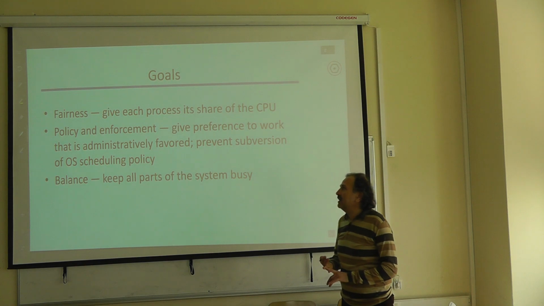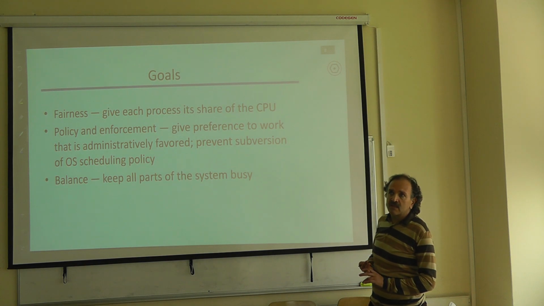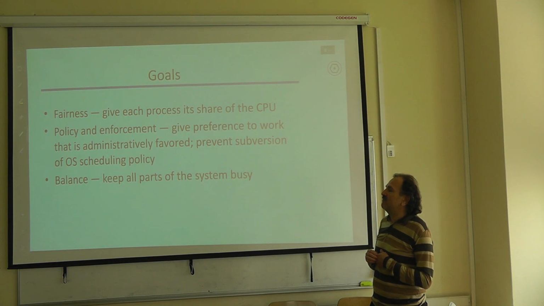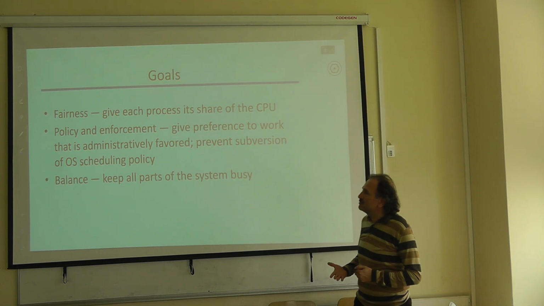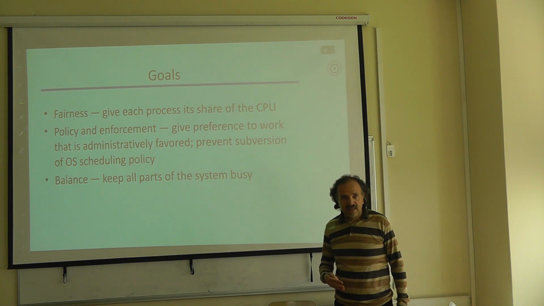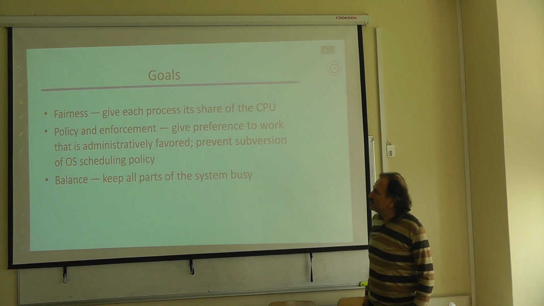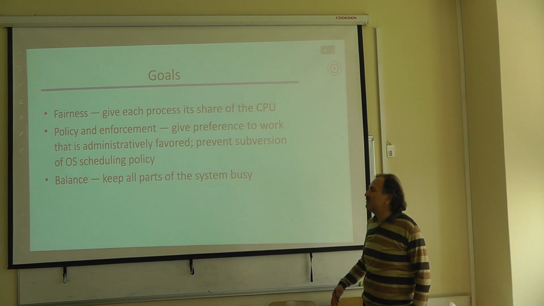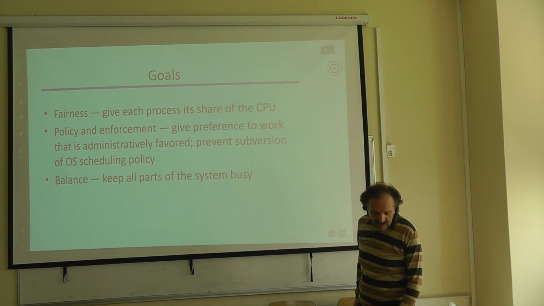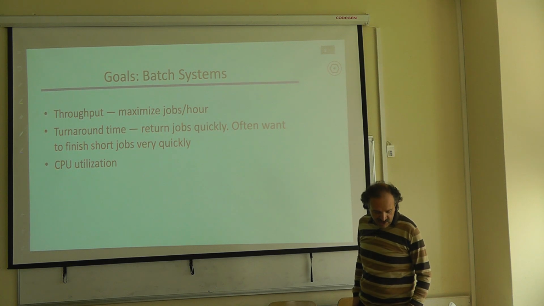For batch environments, CPU utilization is very important because CPUs are very expensive. But for interactive environments, it is not CPU utilization but user satisfaction. And for real-time systems, it is meeting the deadlines. So policy and enforcement is different for different kinds of systems. And balance: keep all parts of the system busy so that we are using our computers efficiently.